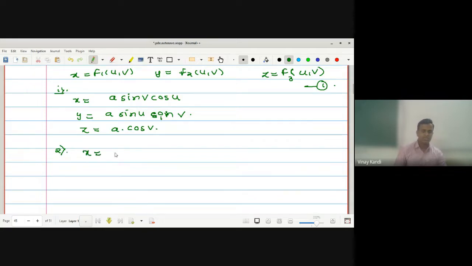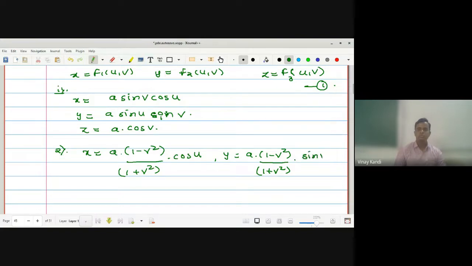Suppose x is equal to a times (1 minus v square) upon (1 plus v square) into cos u, y is equal to a into (1 minus v square) upon (1 plus v square) into sin u, and z is equal to 2ab upon (1 plus v square).